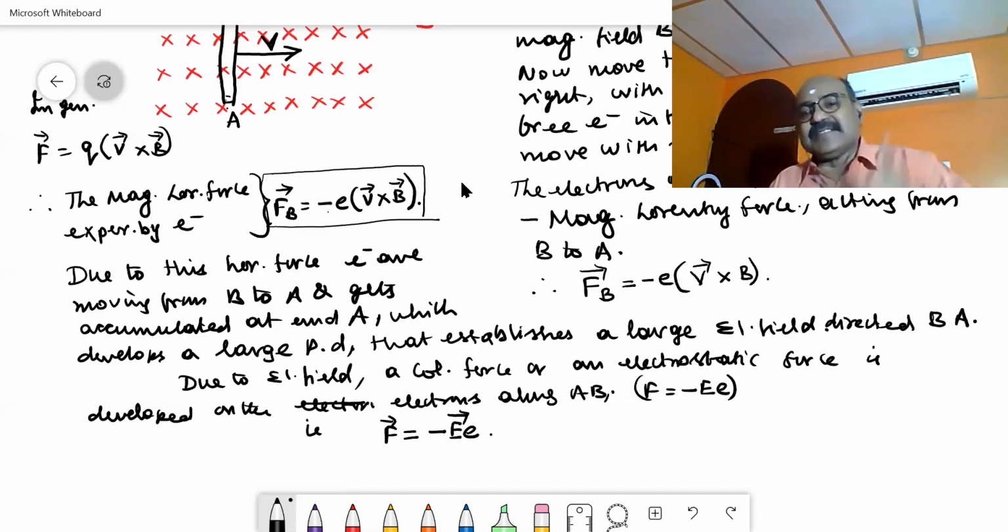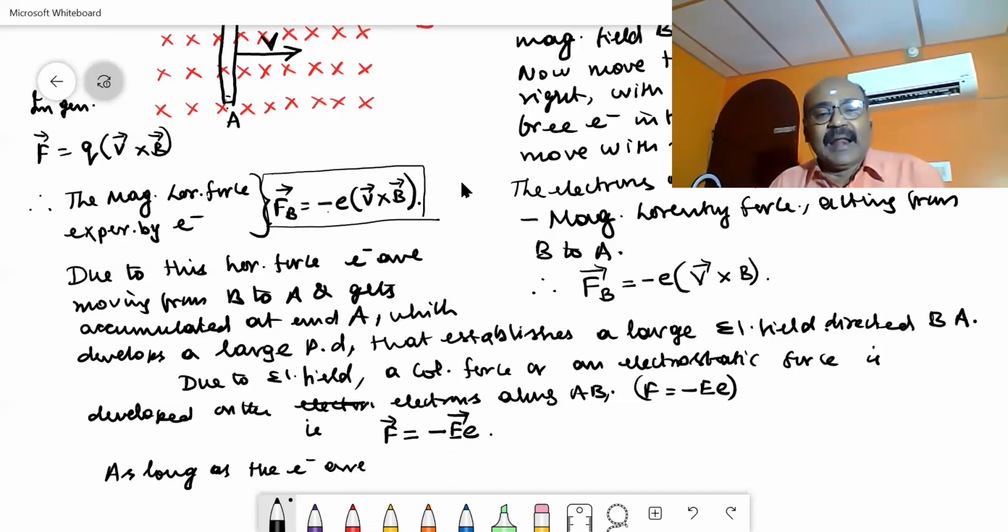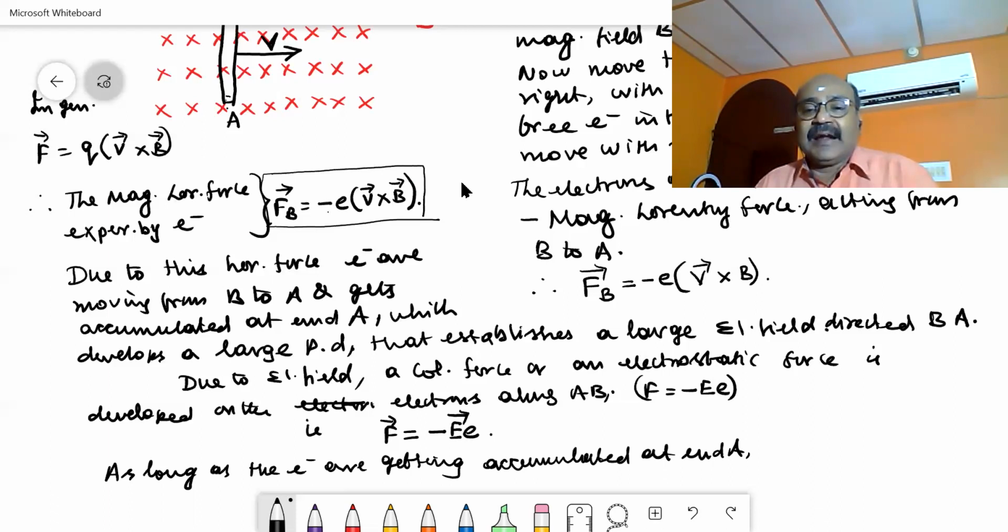As the electrons are experiencing more and more force, the magnitude of the electrical field also goes on increasing, as long as the electrons are continuously getting accumulated at end A. Till that accumulation, the electrical field goes on increasing.